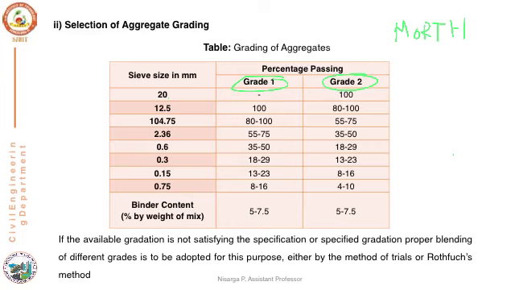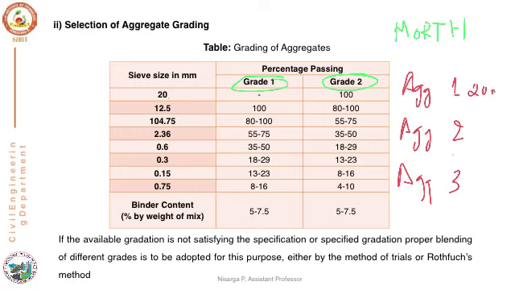Let us understand. We have procured different types of material: aggregate type 1, aggregate type 2 and aggregate type 3. Let us say aggregate 1 is 20 mm down, aggregate 2 is 16 mm down, aggregate 3 is 12.5 mm down, or we'll say 10 mm down. These are the three materials that we generally get from the quarry.